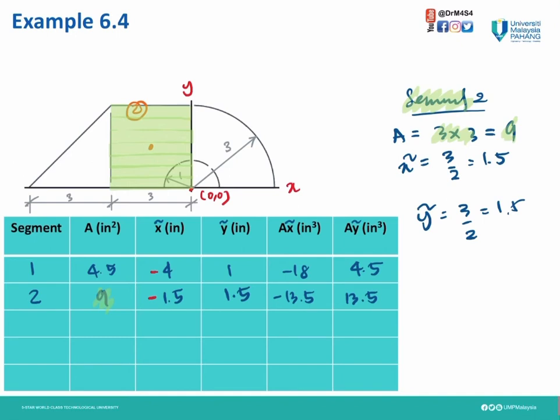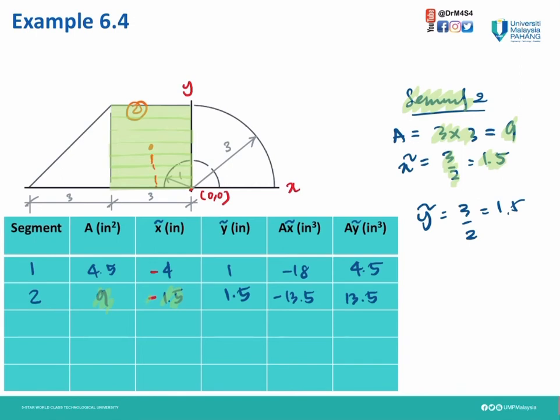Then we need to find the centroid for this rectangle, exactly at the middle. Therefore, for x prime, 3 divided by 2, we get 1.5. But do remember, for the x-axis, the centroid lies on the negative axis.